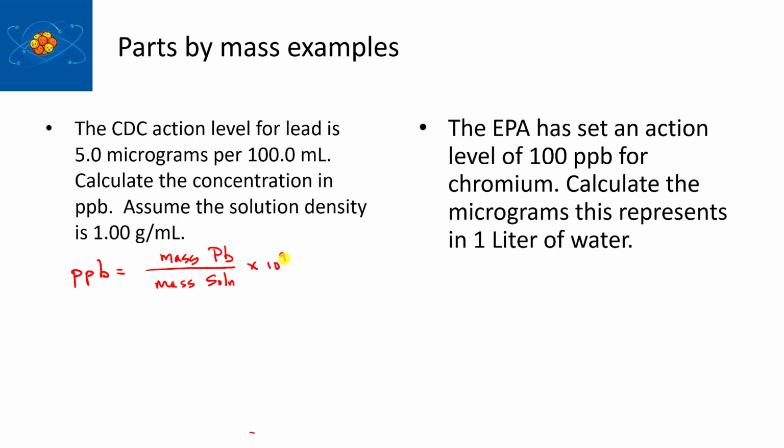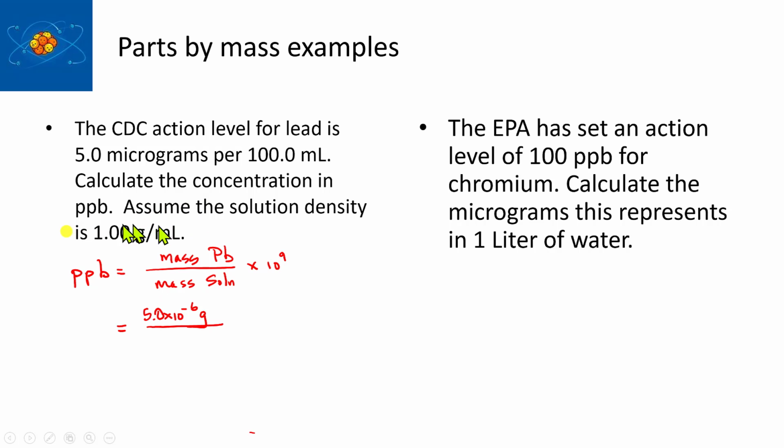So 5 micrograms is 5 times 10 to the minus 6 grams, 10 to the minus 6 being the prefix for micro, right? So we can write it in scientific notation like this. I guess I should write it as 5.0. And then I would divide it by the mass of the solution.